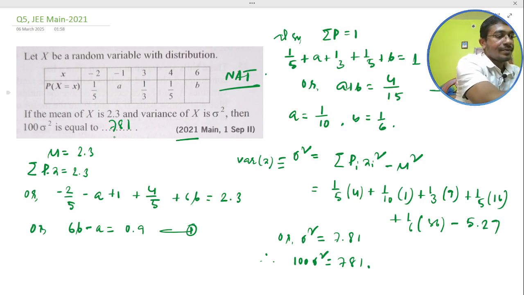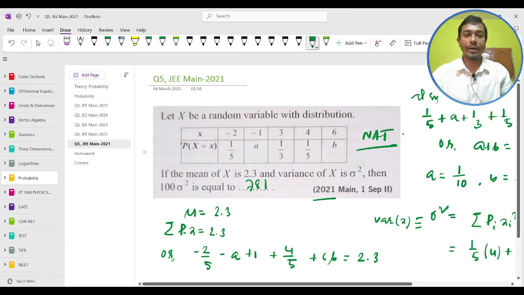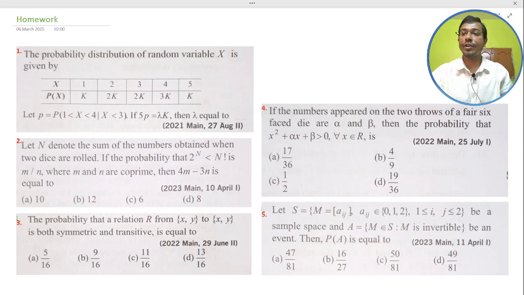So now let us go ahead to the homework session. We covered here the 5 important problems. I usually give you another 5 questions for your better concept clarification and understanding from JEE Main 2021, 2022 two times, and 2023.